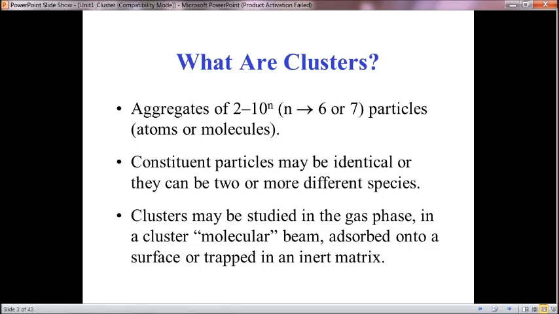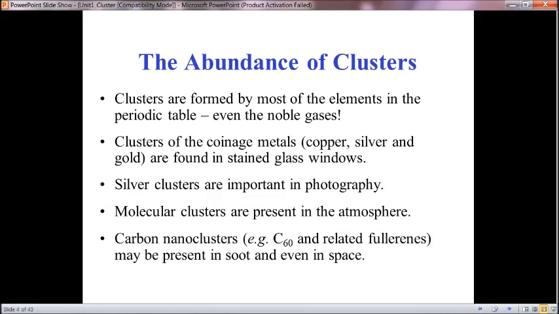We can't predefine a cluster. Clusters may be defined in gas phase in a cluster molecular beam, absorbed onto a surface, or trapped in an inert matrix. Most probably the clusters we are seeing in our real life too.